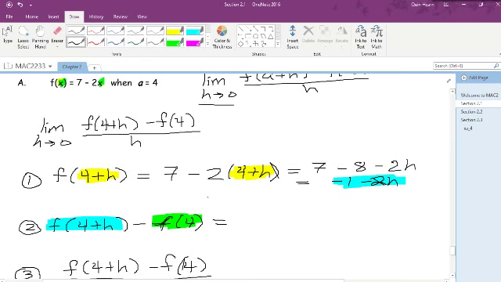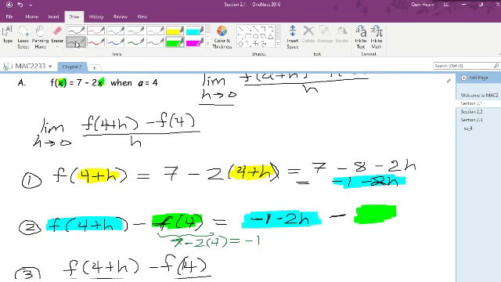So f of 4 is going to be 7 minus 2 times 4, which is going to be negative 1. So we're going to take what we know f of 4 plus h is equal to, which was negative 1 minus 2h. And we're going to subtract from that f of 4, which was just negative 1.